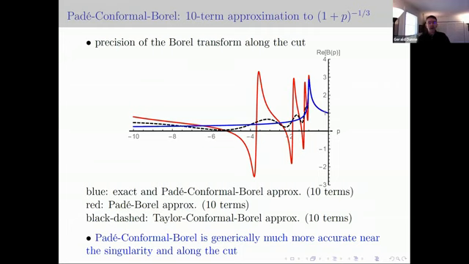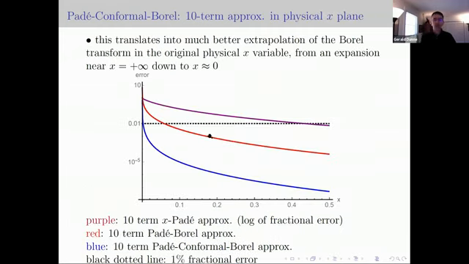If we then use this and do the Laplace integral to go back to the original x variable, this is the sort of improvement that you can expect. This is one of these incomplete gamma function examples, with the expansion generated at x equals infinity, using just 10 terms in the asymptotic expansion. Here I'm thinking of the physics application where the number of terms is fixed.